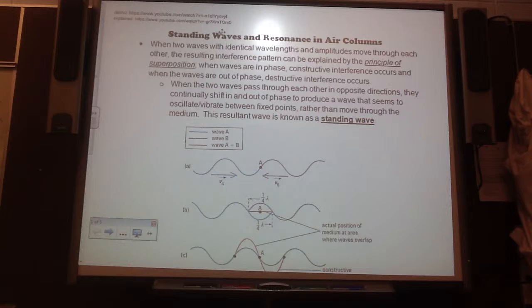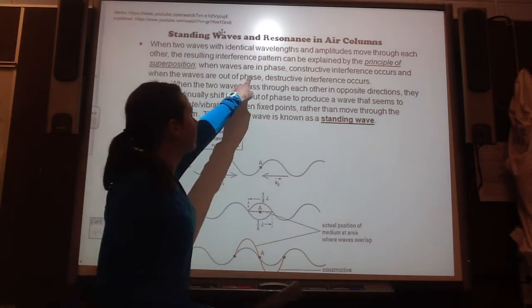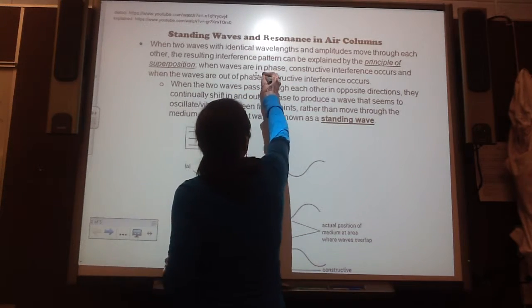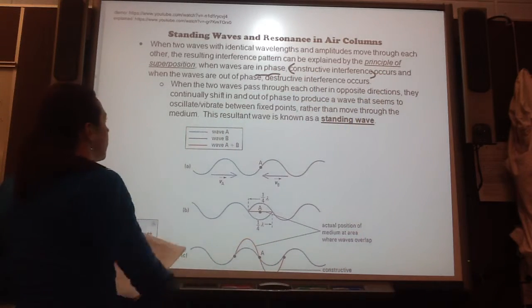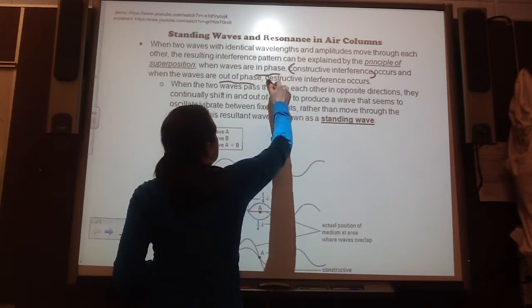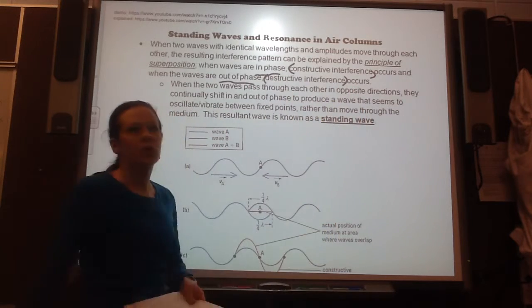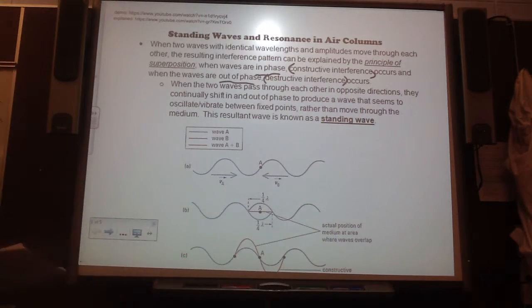How do these two waves interact with each other? When waves are in phase, constructive interference occurs, and when the waves are out of phase, destructive interference occurs. So that was what we did yesterday.